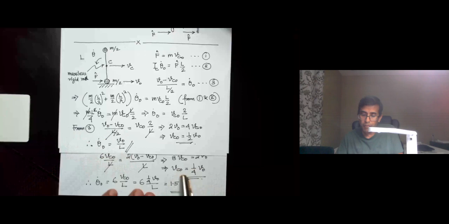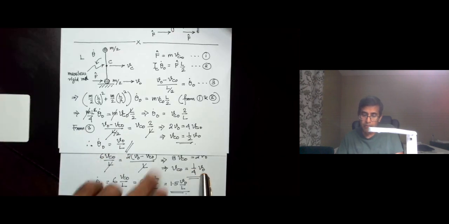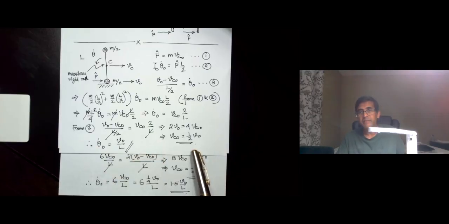When we had a uniform bar, the velocity of the center was 1/4 V naught. When we have a dumbbell, the velocity of the center is half of V naught. When we had a uniform bar, the angular velocity that the rod achieved immediately after the impulse was 1.5 V naught over L. When we have a dumbbell, the angular velocity achieved is V naught over L. So the answers are different.